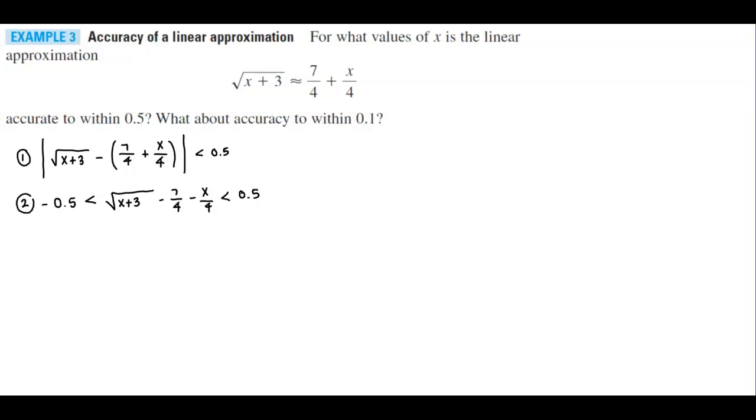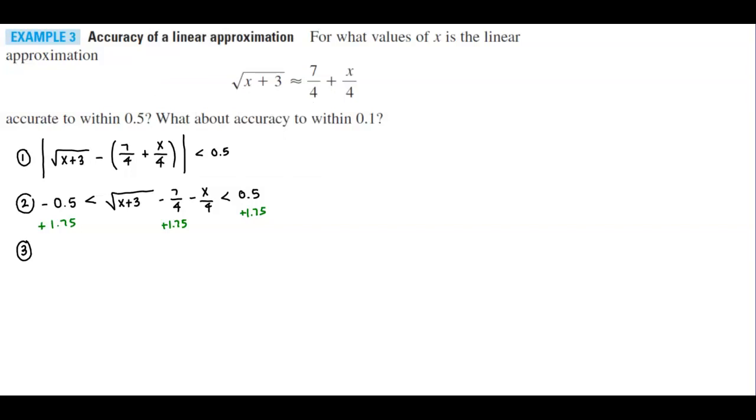Okay, so now we want to solve. 7/4 is the same thing as 1.75, but we're going to add 1.75 to all three sides.